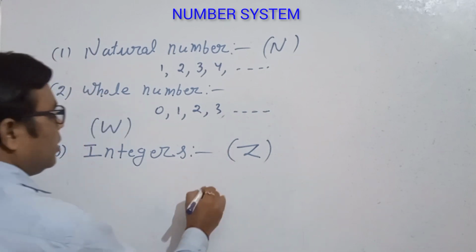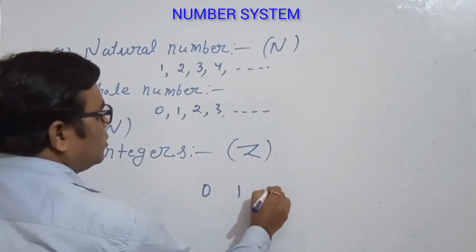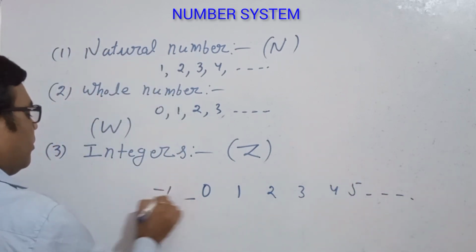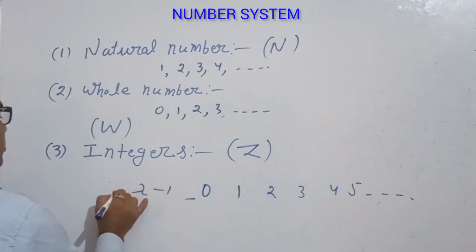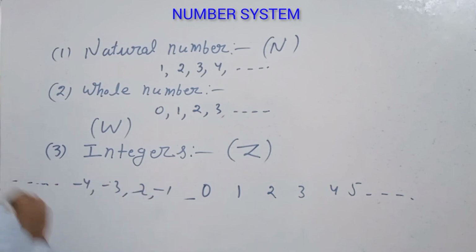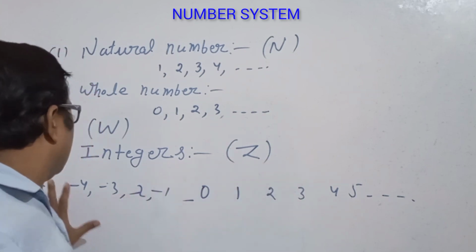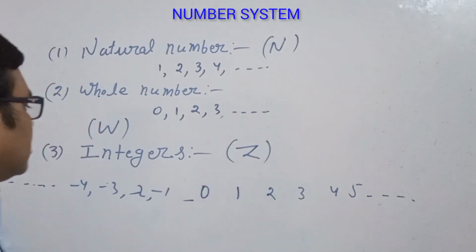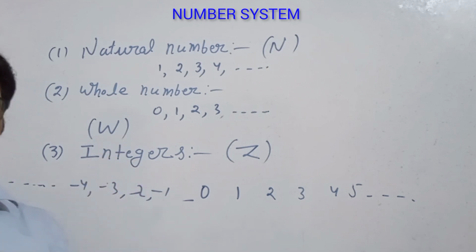For example, 0, 1, 2, 3, 4, 5, -1, -2, -3, -4, and so on. This set of numbers are called integers.